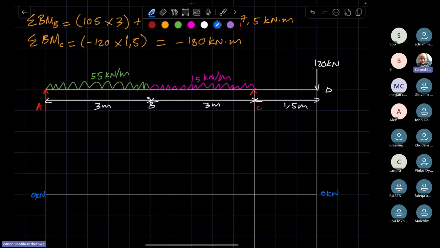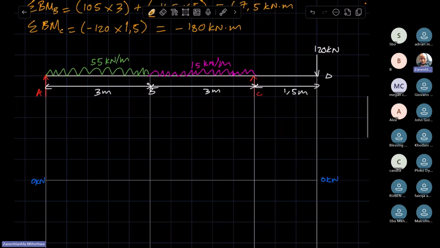Once you are comfortable with drawing it, you won't necessarily have to take the approach I'm about to show you exactly as it is, because you are able to work it out in your head. But for teaching purposes, this is the approach you would take.